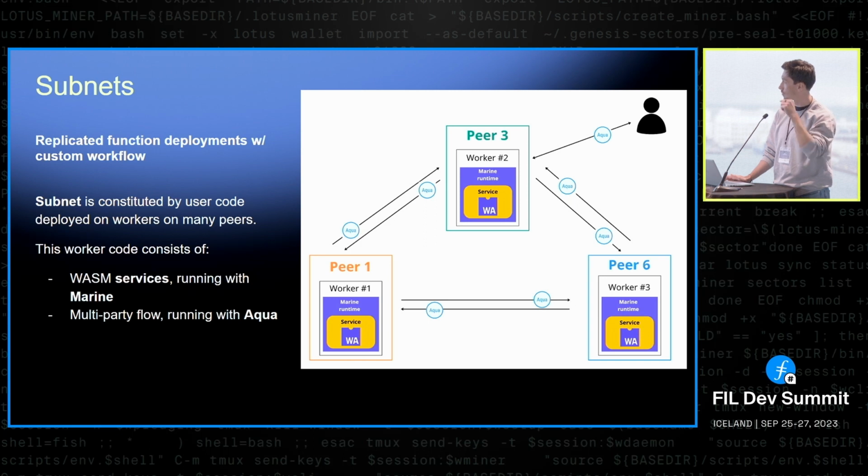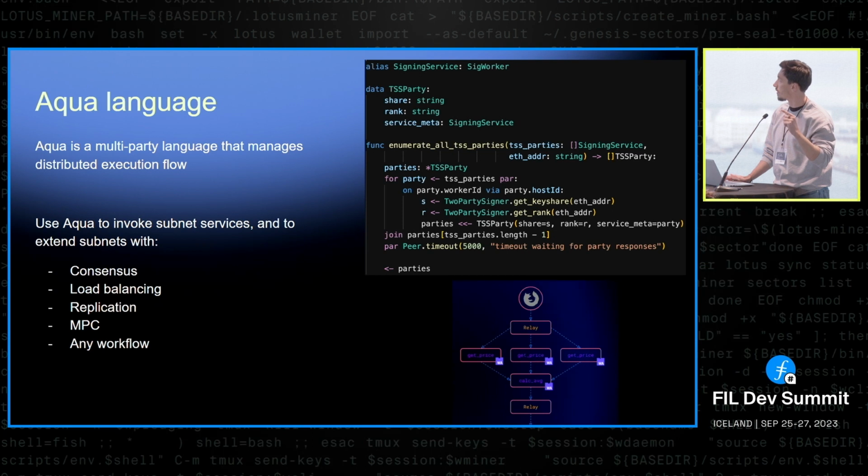They all run WASM, and Aqua runs between them. That's important. And these algos could be potentially anything: MapReduce, consensus, load balancing, replication, any kind of multi-party computation.